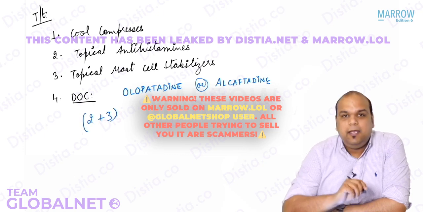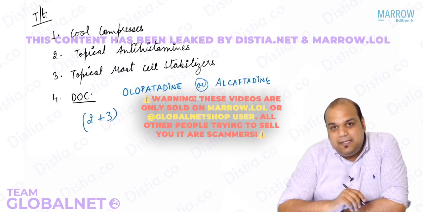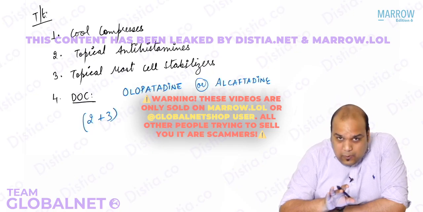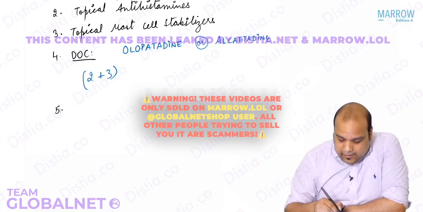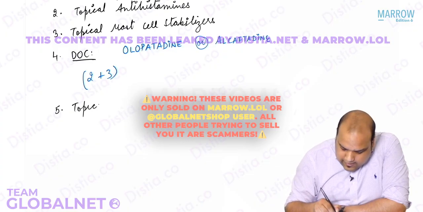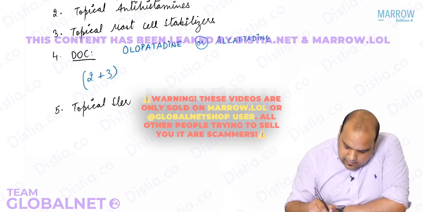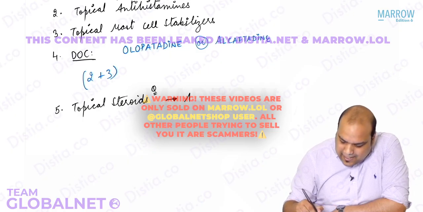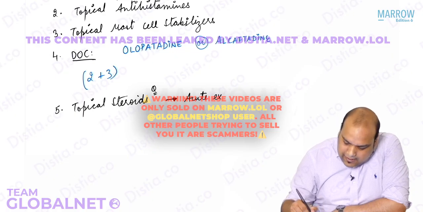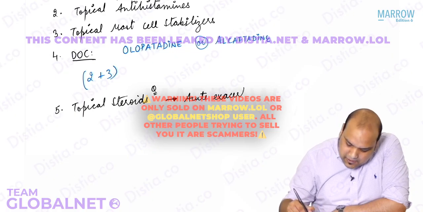Can I say antihistamines plus mast cell stabilizers. Done? No confusion? Point number 5. Along with the anti-allergic treatment, it is almost always that you will see that topical steroids are also being prescribed as part of acute exacerbations.